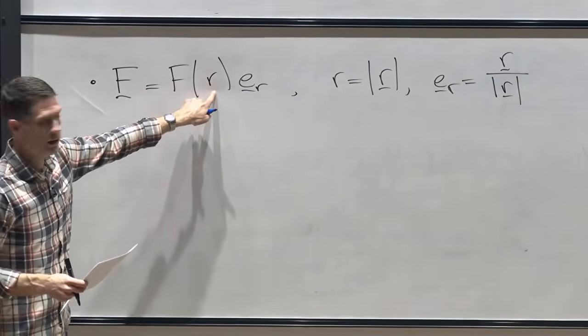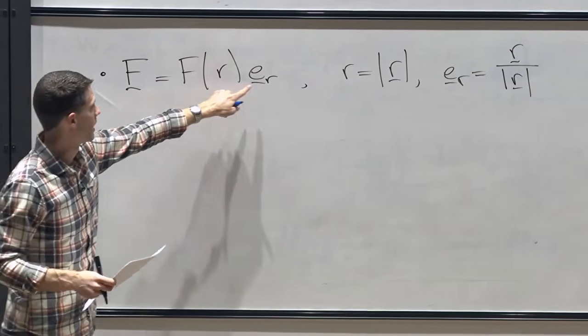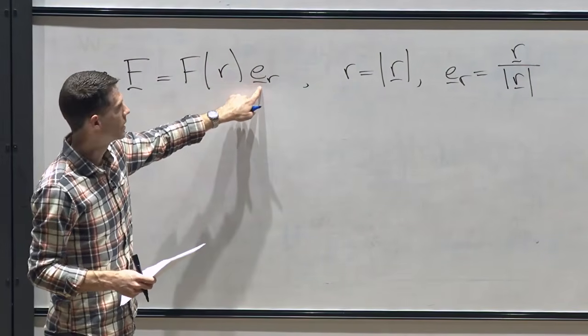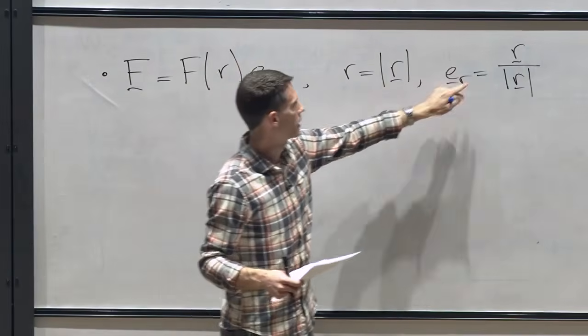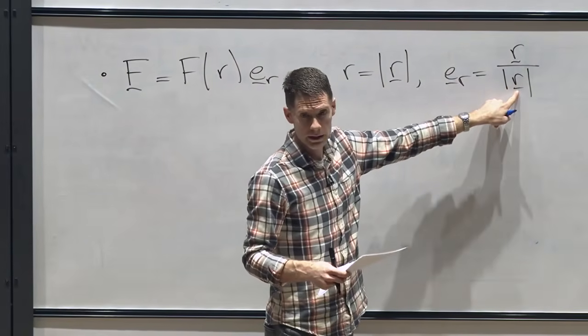F is a scalar function of the radius, pointing in the direction e_r, now thinking of a three-dimensional e_r, which is just the position vector normalized.